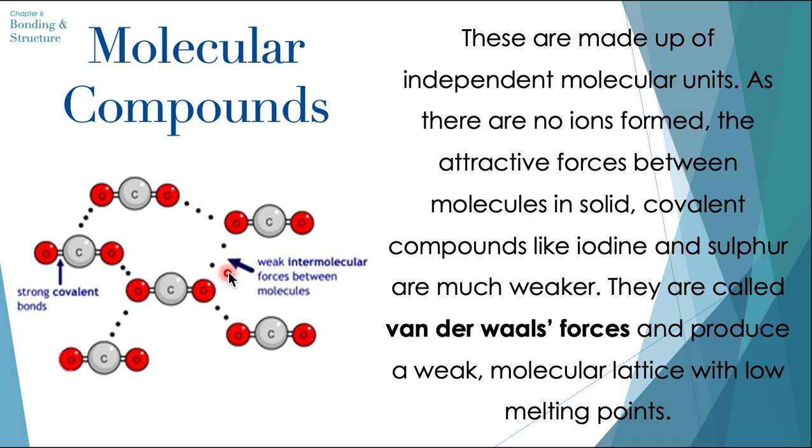In covalent liquids like water, the molecules are even further apart, so the van der Waals forces are weaker still. And in covalent gases like ammonia and methane, these forces are almost non-existent. However, in water, there are other attractive forces between molecules, and these forces are called hydrogen bonds. And they give water much higher melting and boiling points than expected with such weak van der Waals forces.